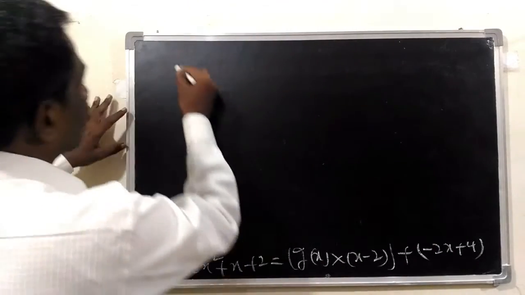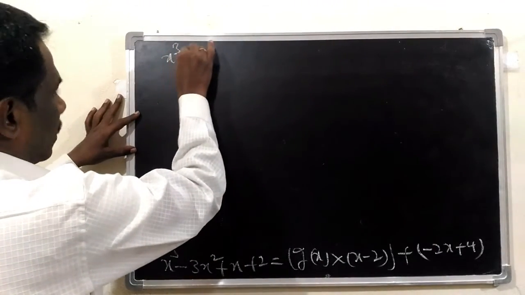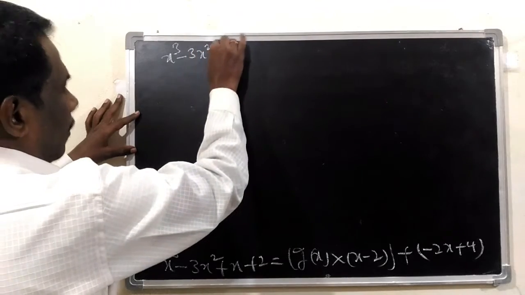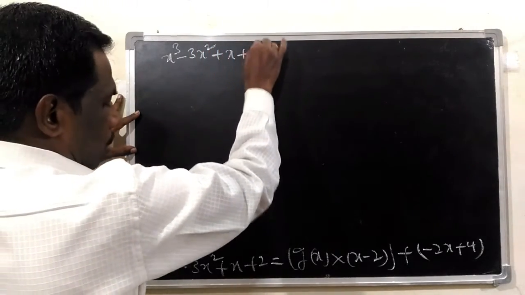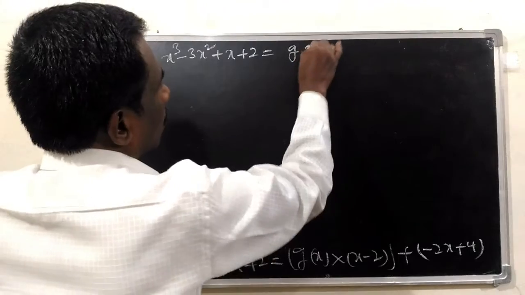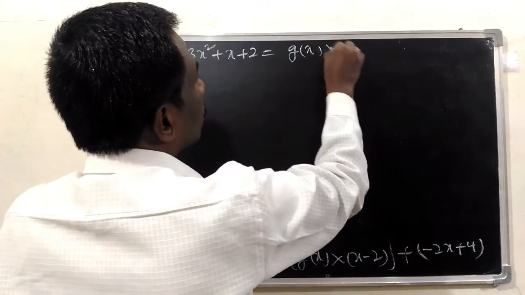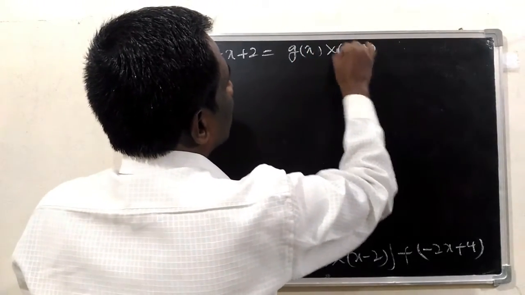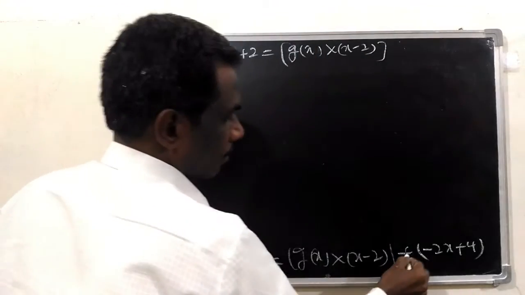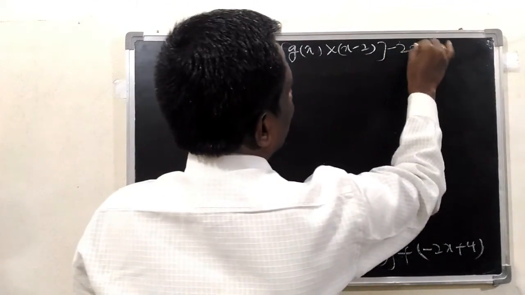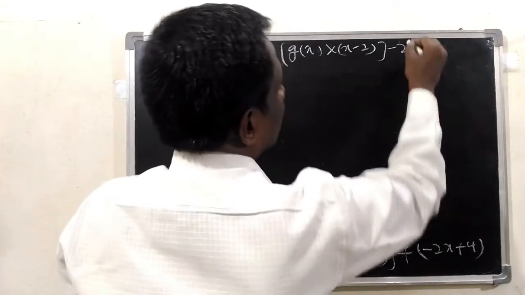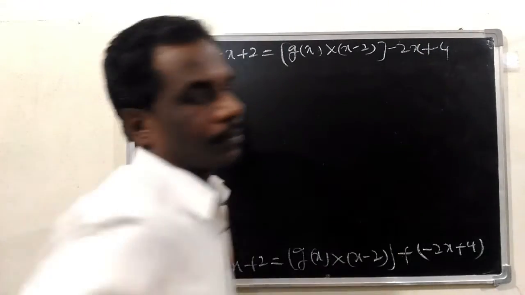Now the next step: x cube minus 3x square plus x plus 2 equals g of x into x minus 2, plus minus 2x, plus 4.